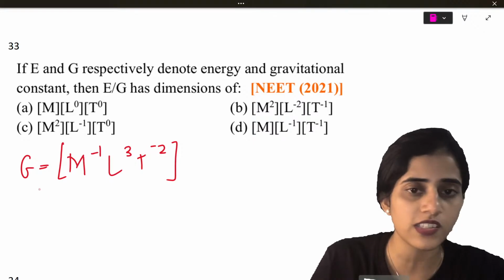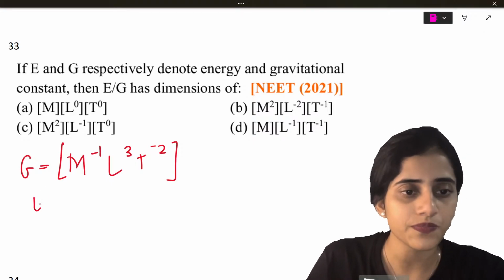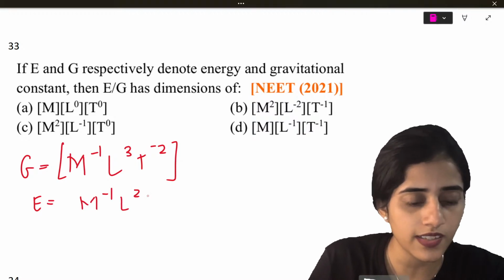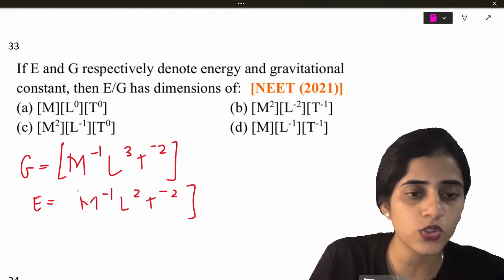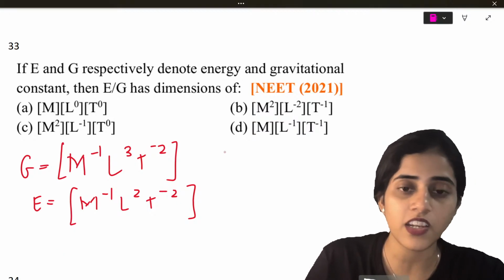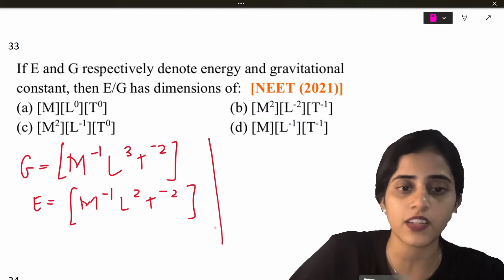Universal gravitational constant. And what is E? E is m raised to minus 1 L square T raised to minus 2. Now I have to take the ratio of the two.